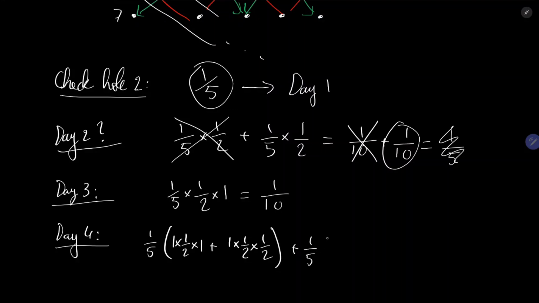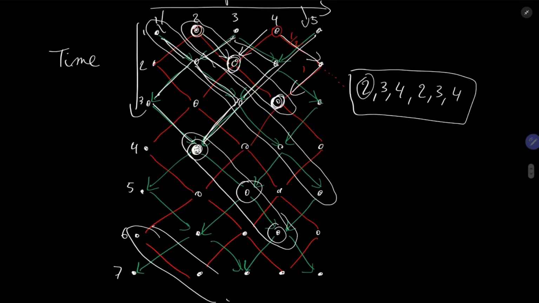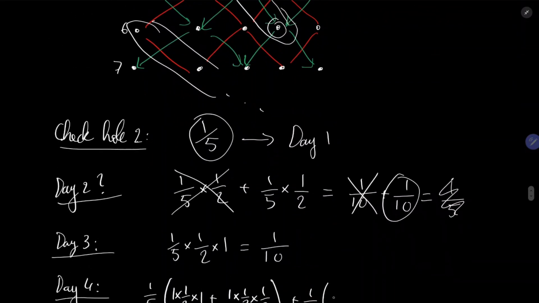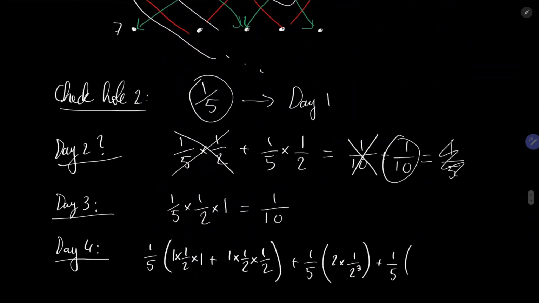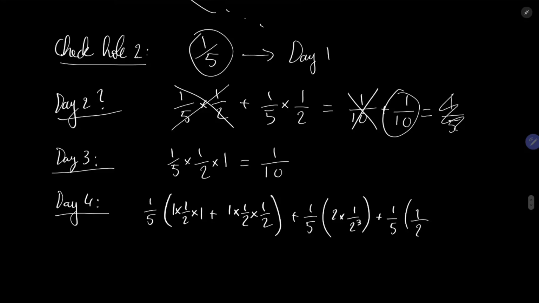Now what about hole number 3? We have a probability of 1/5 to start from that hole, and then 1/2, 1/2, 1/2, or 1/2, 1/2, 1/2. So we have 2 times 1 divided by 2 to the power 3, plus 1/5. So we start from hole number 5. Probability equal to 1 to go directly to hole number 4, 1/2 and 1/2. So in total we have 1 divided by 2 to the power of 2.